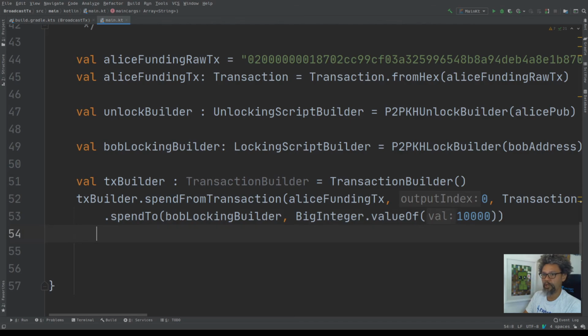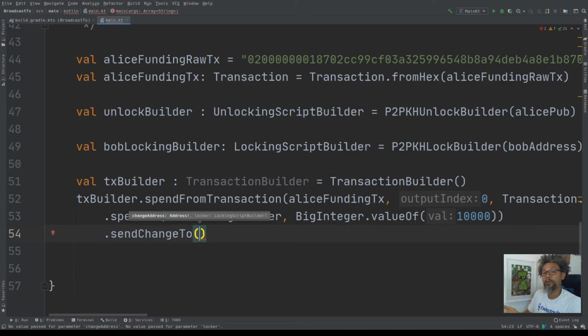Now that we have said where we are spending to, we can also say where to send change to, because remember that the transaction on the left that Alice is spending from contains how much? 10 Bitcoins. Alice is going to send 10,000 Satoshis, so a relatively small amount, to Bob, right?